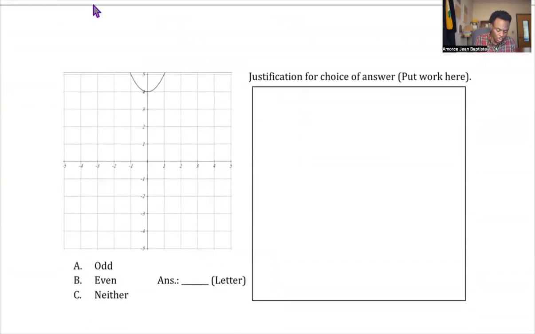Let's go to next example here. We're trying to see whether it's even or odd. So pick an x equals 1, and then -1. Well, now I can see both of them give me 5. So we have f of 1 equals f of -1, that meant.